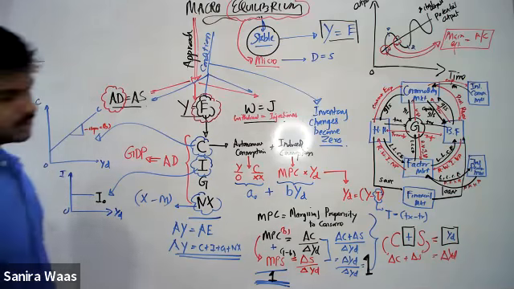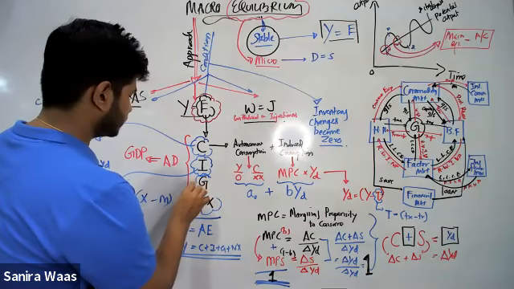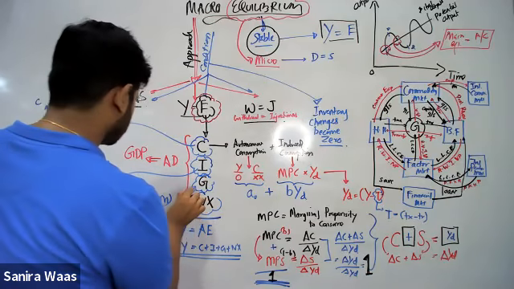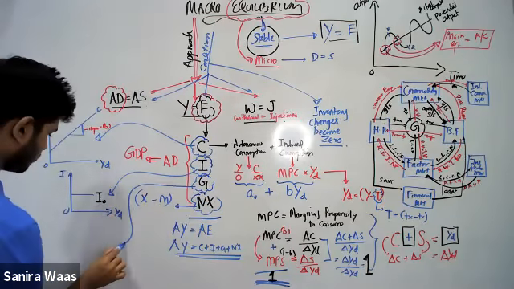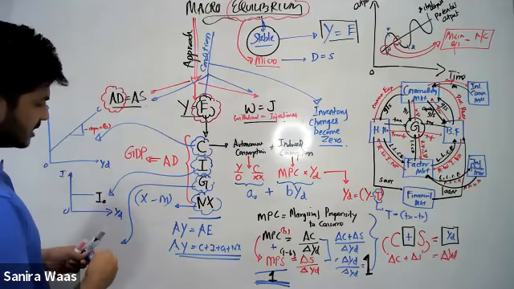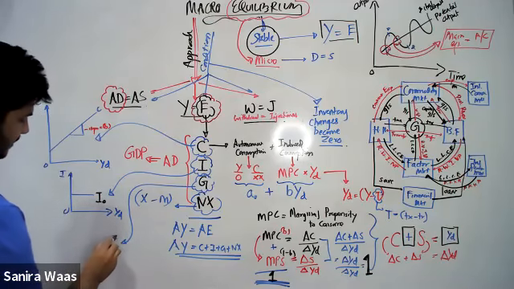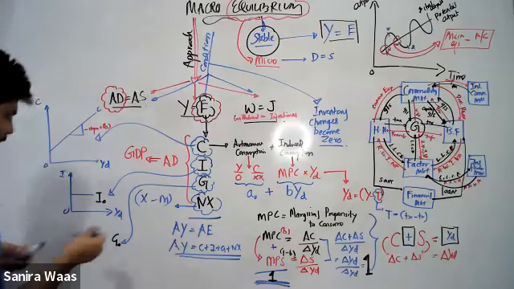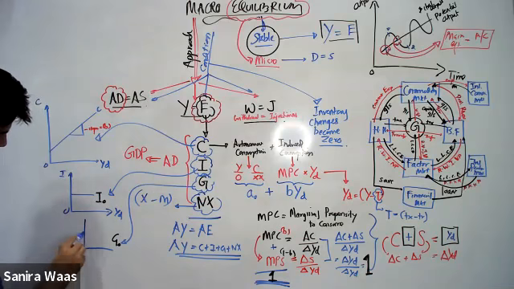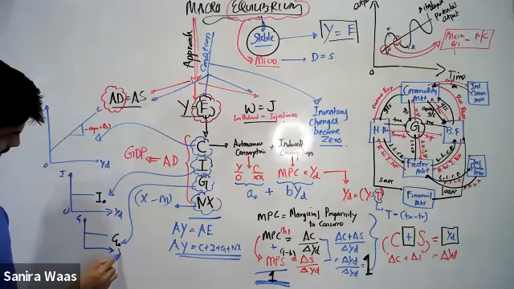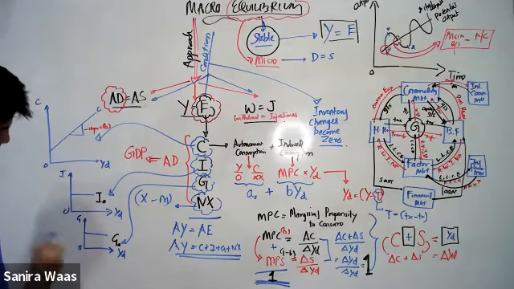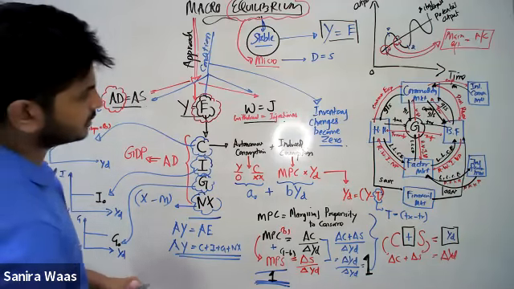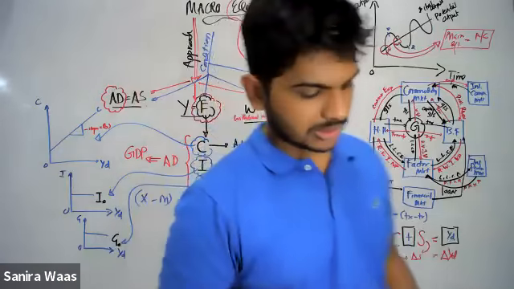The next one is government. Again, the same logic, the same scenario: your government expenditure will also be autonomous. Because in real life you will have all, but in your syllabus you will have only something like 100. So these are the ways.